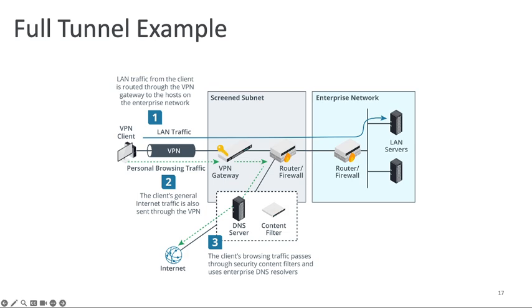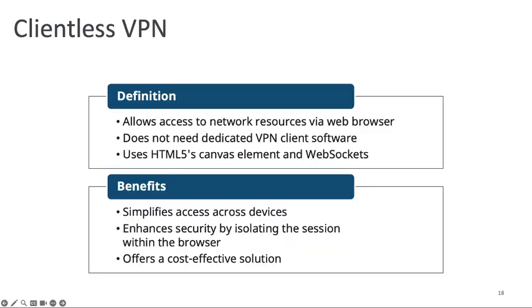You might also see something called a clientless VPN, which allows access via a web browser. That is a cost-effective way to enhance your security by isolating your sessions within the browser itself.